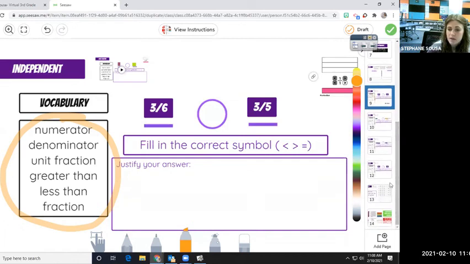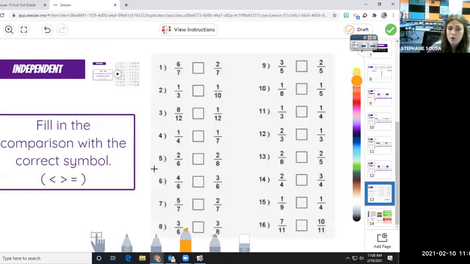Okay. This practice is going to help you get quicker at your mental math. With these fractions, you have one of two things. Either the denominators are the same or the numerators are the same.